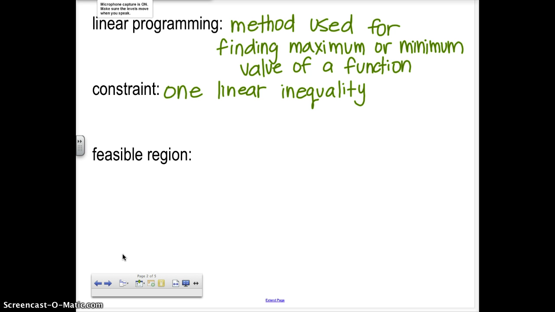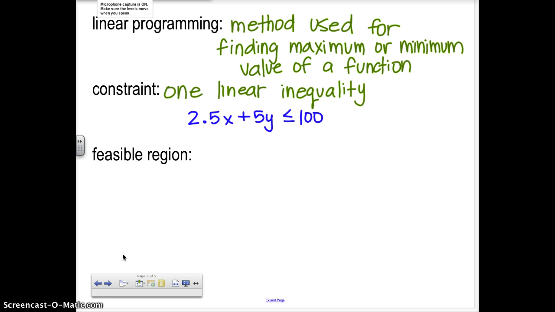So a constraint might look something like that. The minimum value or the maximum value of this function relates to points that satisfy the constraint. So that function and the constraint work together.